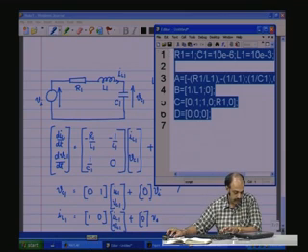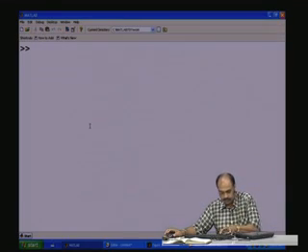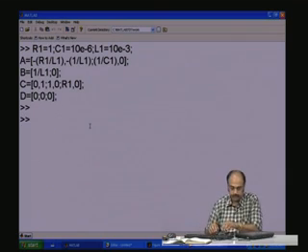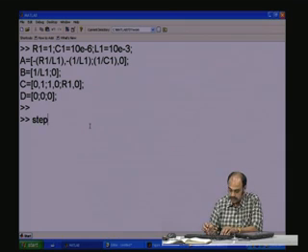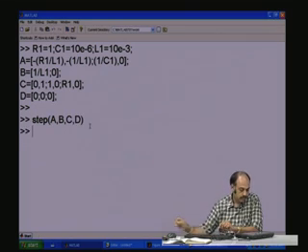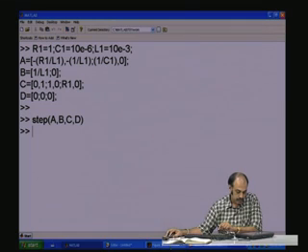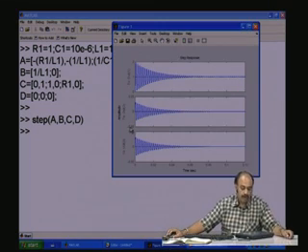Let us input it in MATLAB, control paste, yes, and see the step response of A, B, C, D. So, you will be seeing the step response of all three.